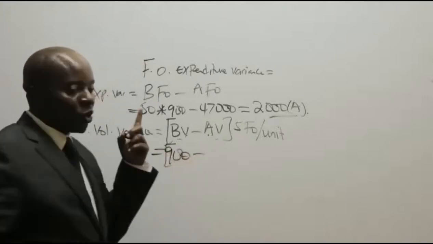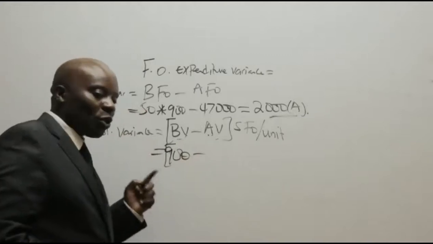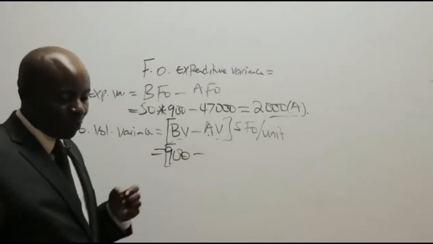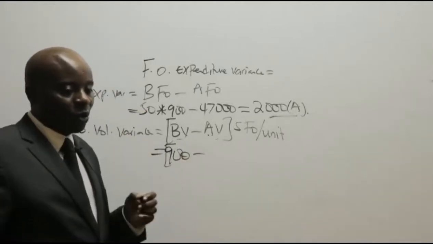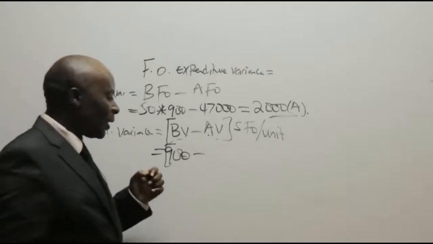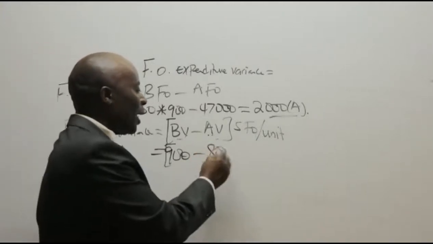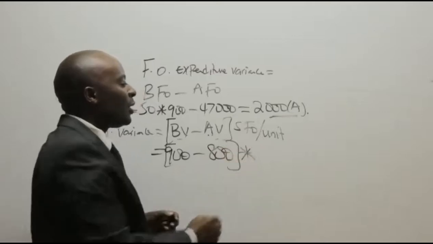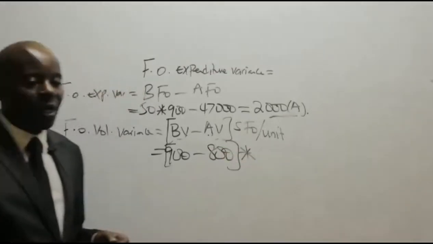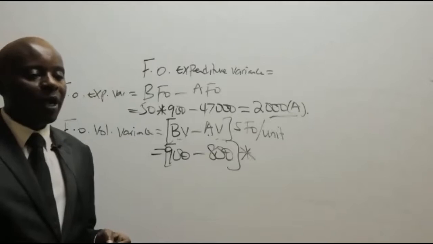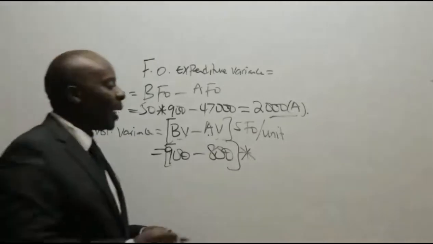But we actually sold how many? What is the actual volume sold? It's the same as the actual production. So 800 times what is the standard fixed overhead per unit? Per unit, it is 50.